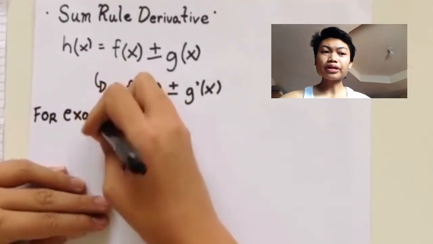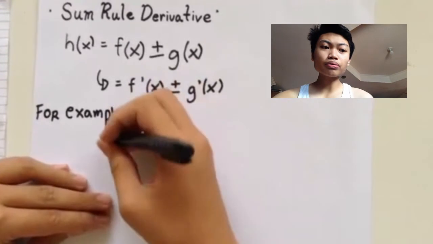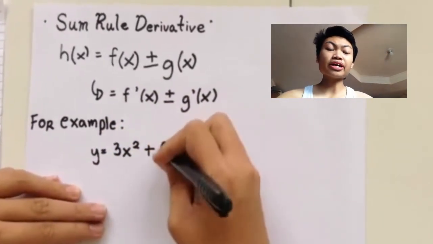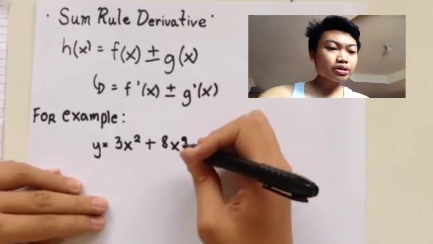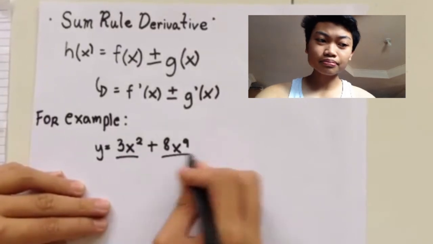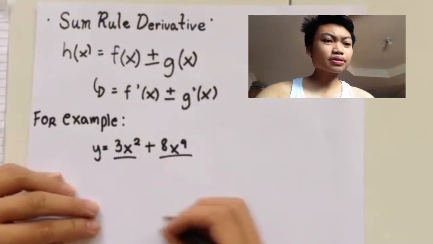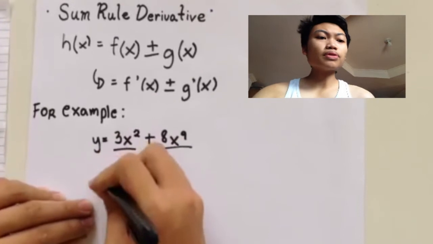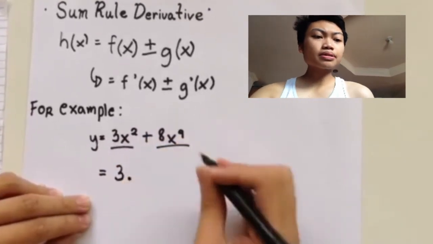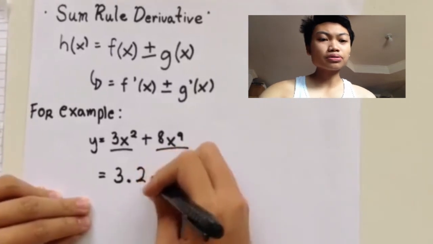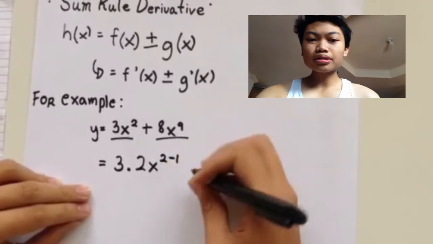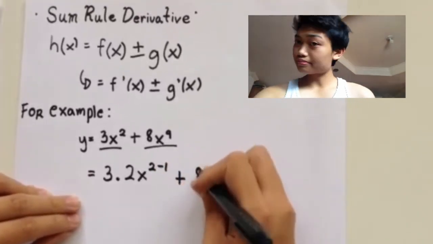So for example today, I have y equals 3x squared plus 8x to the 9th. I suppose this is one function, then this is another function. Y is the function of those two functions. It is a plus sign for now, but it can also be a minus sign. It just depends on the situation itself.